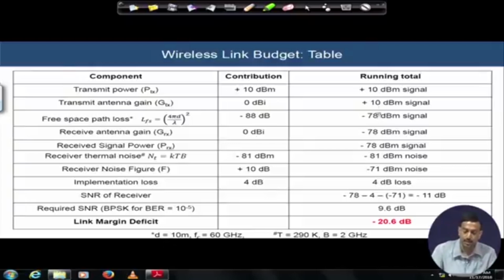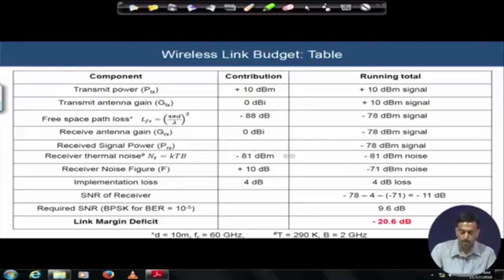So it's a valid subtraction. 10 minus 88 gives you minus 78. We again assume that we have no receiver antenna gain as well, and so the signal power at the receiver antenna remains at minus 78 dBm. So PRX basically is this value.